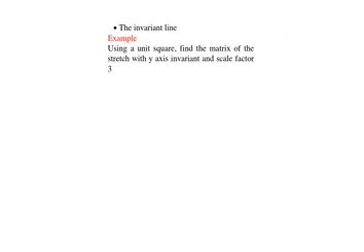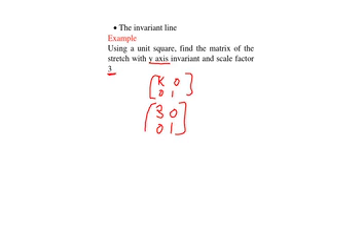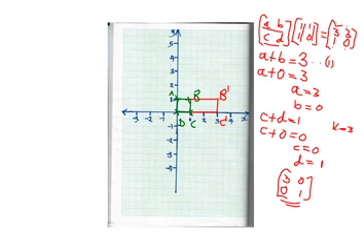So in general, if we have a stretch with the y-axis invariant and a scale factor k, then it should be written as k 0, 0, 1. So our matrix of transformation was supposed to be 3, 0, because our scale factor is 3, and then 0, 1. And that is true because that is what we obtained as our matrix of transformation.